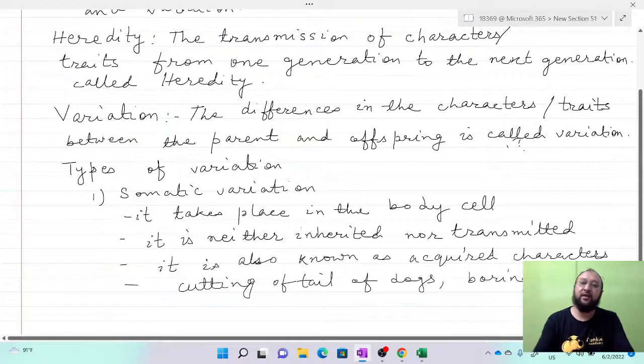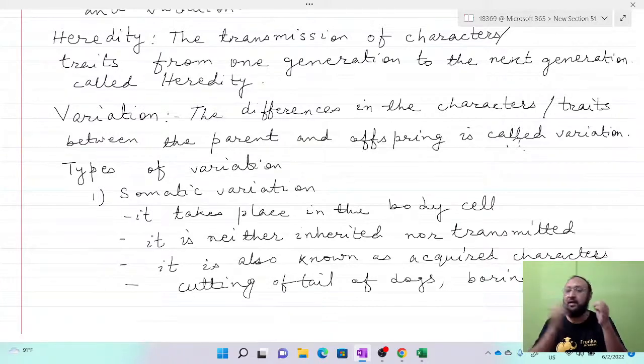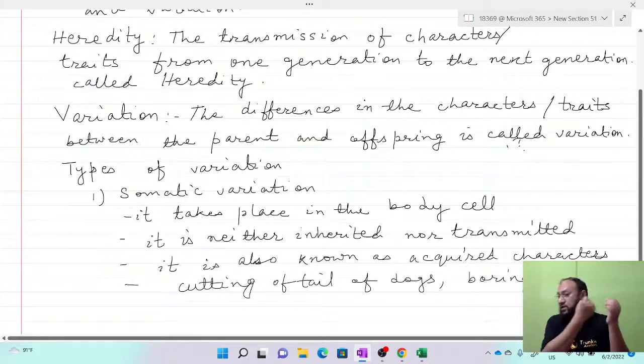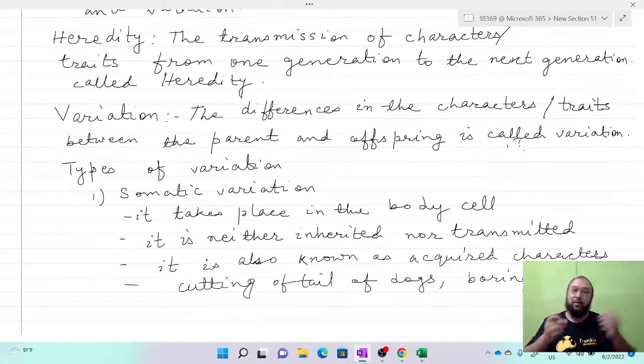In human beings, especially in women, they bore the external ear pinna for earrings. These features are done afterwards. It's not inherited. It's not that generation after generation people bore the ears, and in the fifth or seventh generation a new child will be born with a small hole in the external ear. It's not like that.